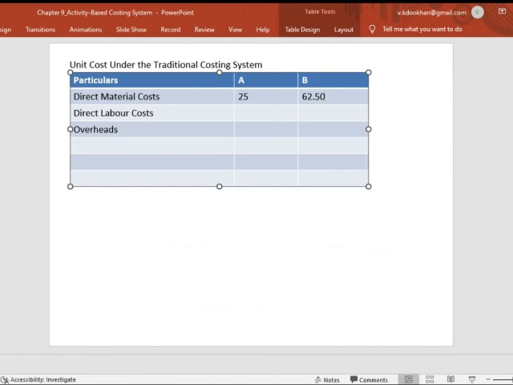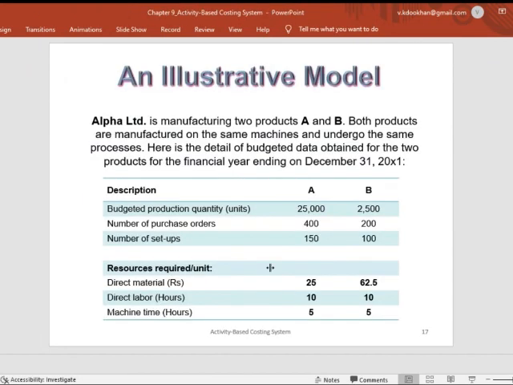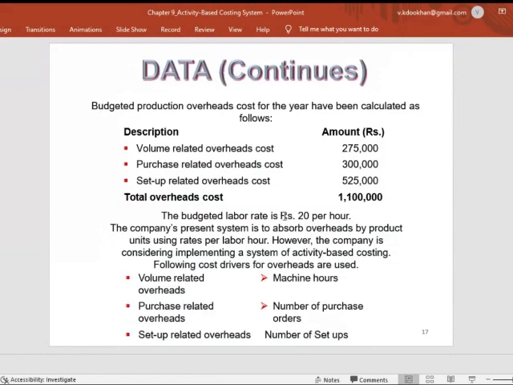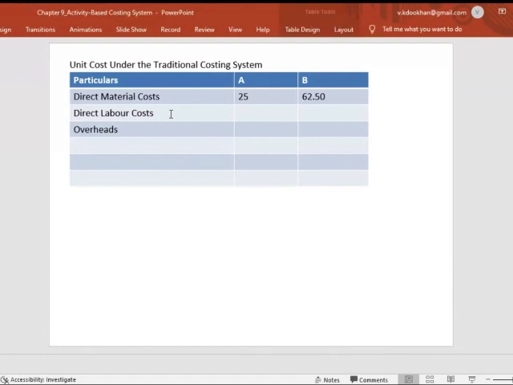Okay, so we know about this. Second, it's the labor hours. We have been provided with the information that it is 10 hours, and in this we have 20 rupees per hour for both.